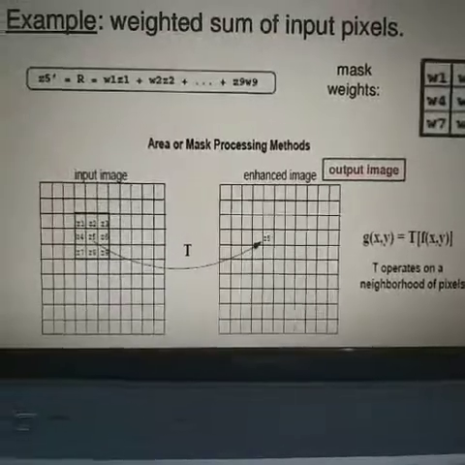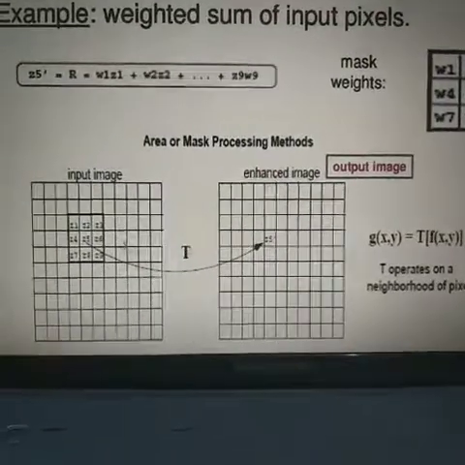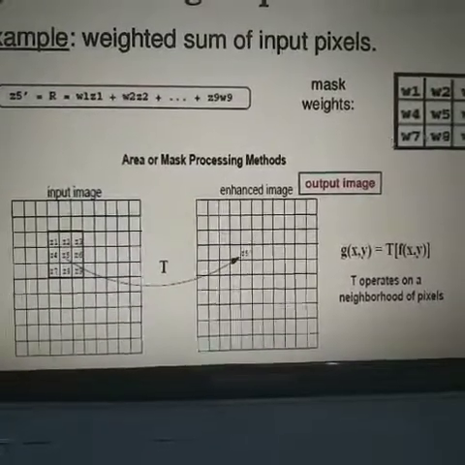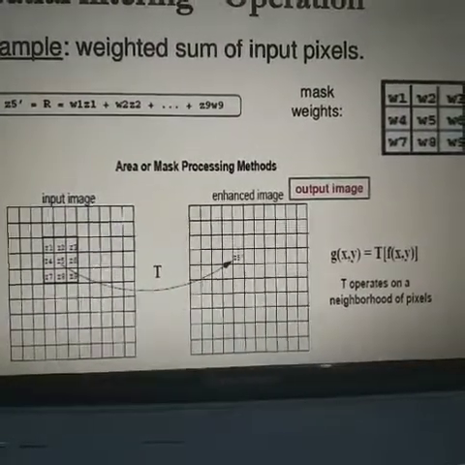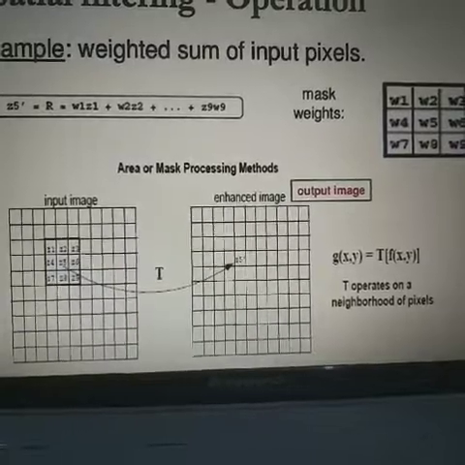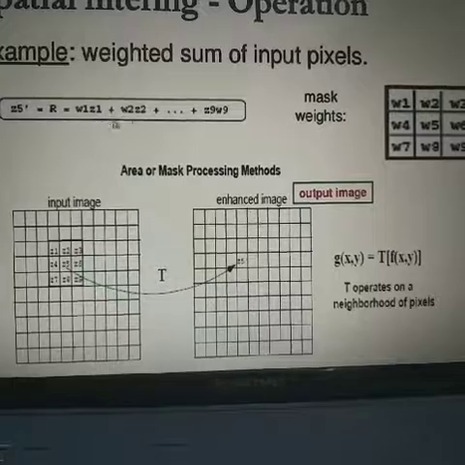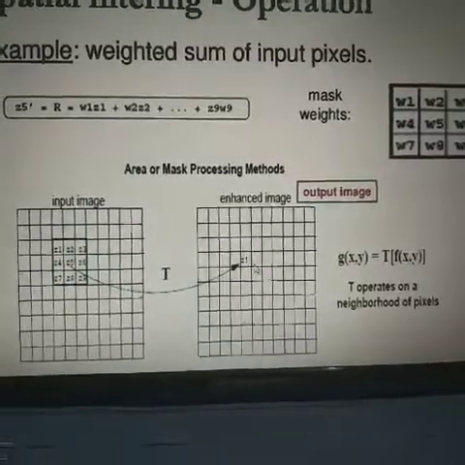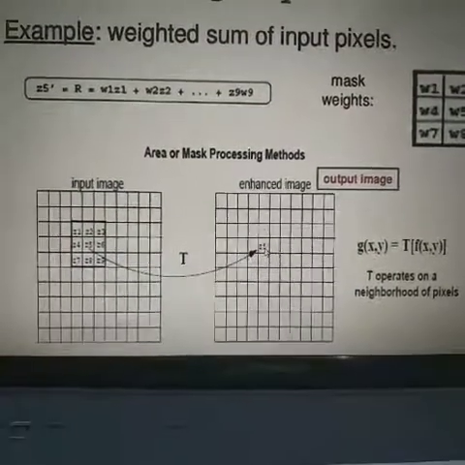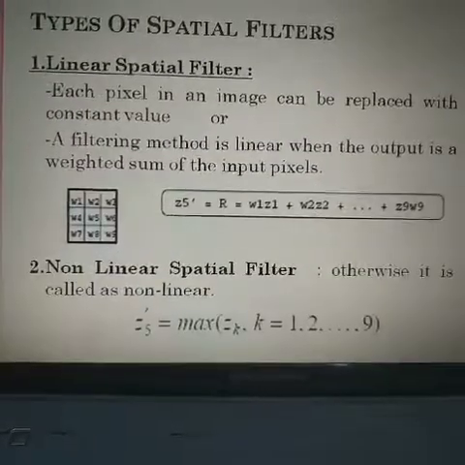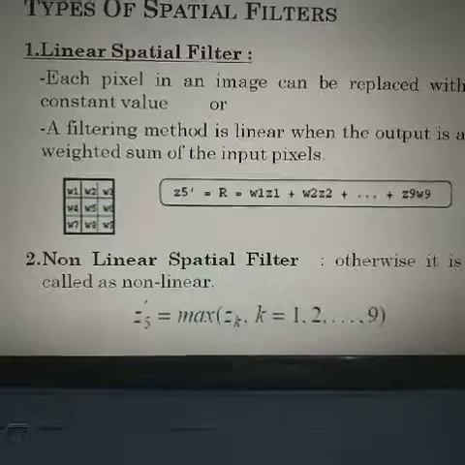In the previous example, if we want to change the z5 value, the filter is given and the sub image is to be given here. So we have to find the weighted sum of the input values, and that weighted sum is the new value of that pixel. So the pixel value is to be changed.